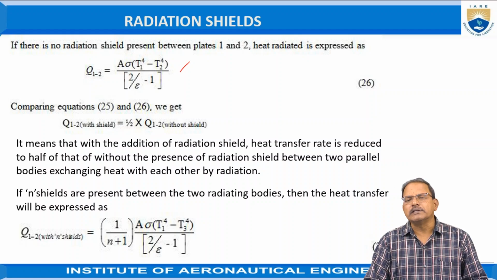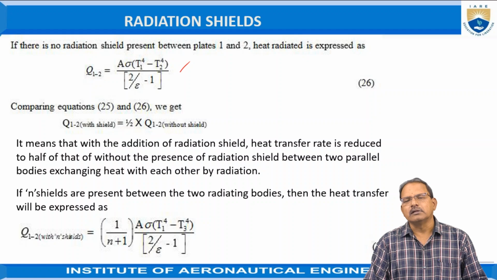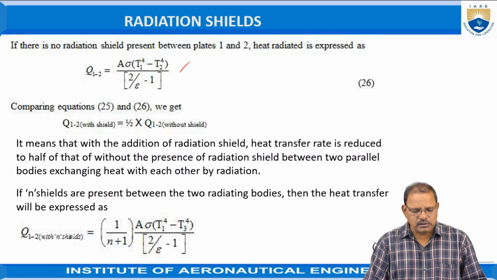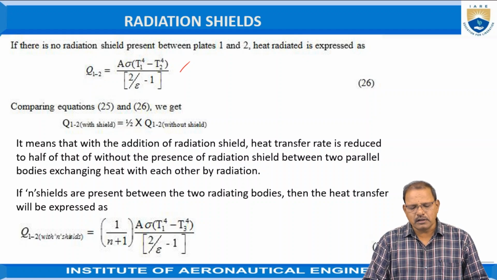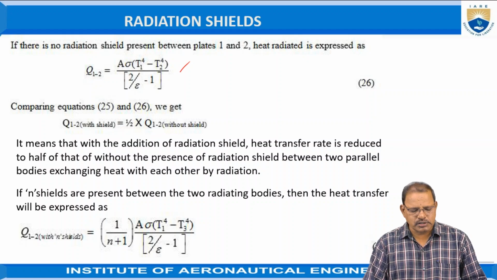That is, in presence of a shield between the two bodies, the amount of energy radiated from body 1 to 2 is half of the energy expected to flow from 1 to 2 in absence of the shield. It means that with the addition of a radiation shield, the heat transfer rate is reduced to half of that without the radiation shield between two parallel bodies exchanging heat with each other by the radiation process.